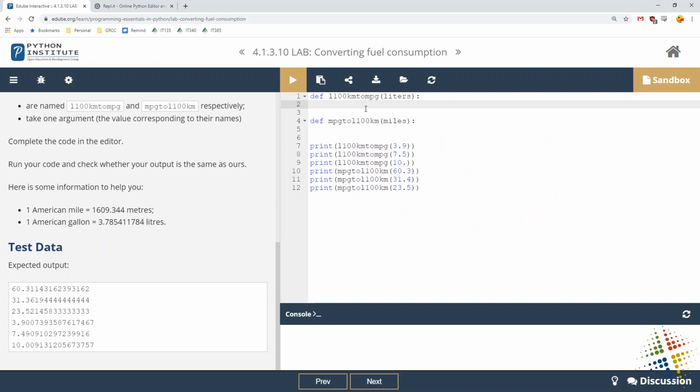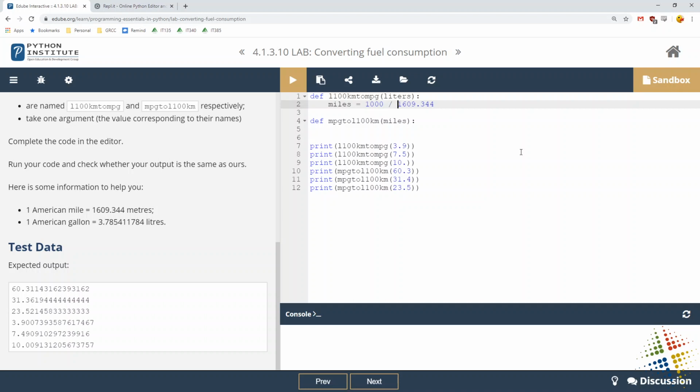Well, let's go ahead and we'll start off here. 1609.344 meters is 1 mile. So that means that the miles driven, I'll create a variable here called miles, is going to be equal to 1609.344 meters. So that means we need to divide that. No, excuse me, 1,000 divided by that.